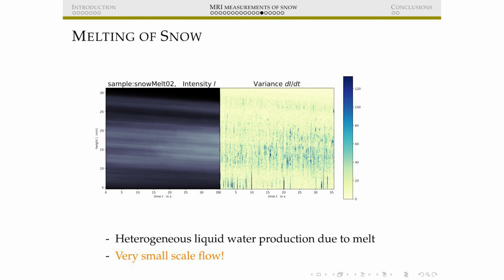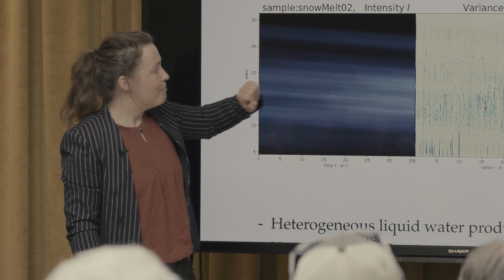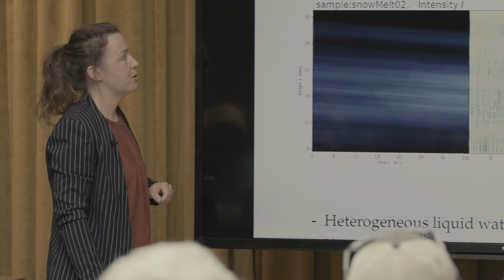Sometime later, the same sample, but at a different time, we see that the snow is slowly compacting, but I also see these vertical stripes in my variance profile.